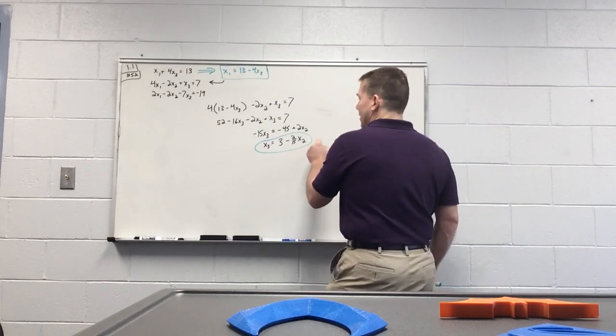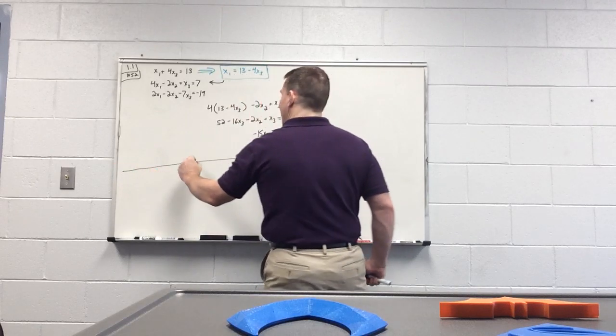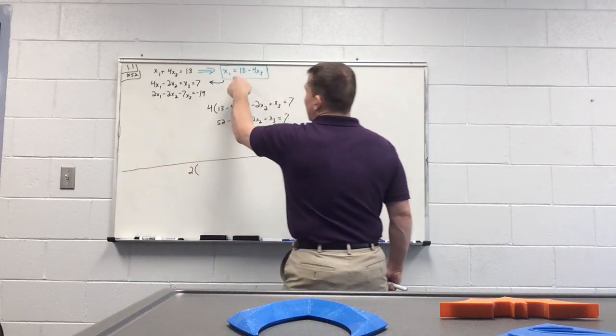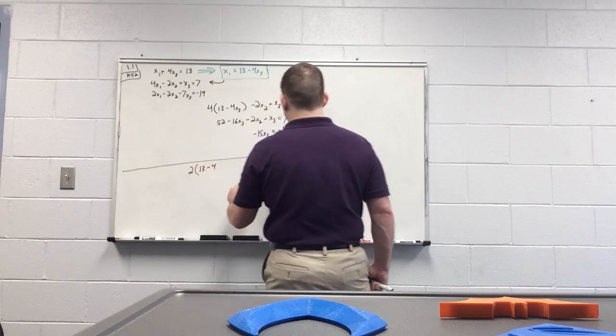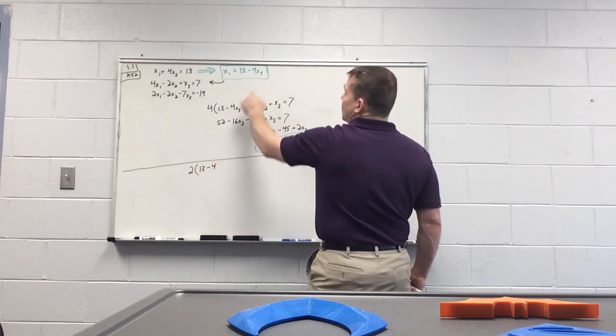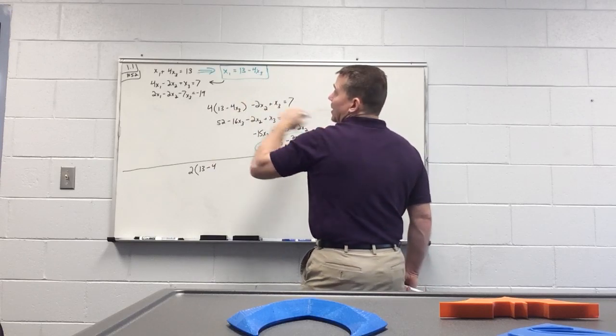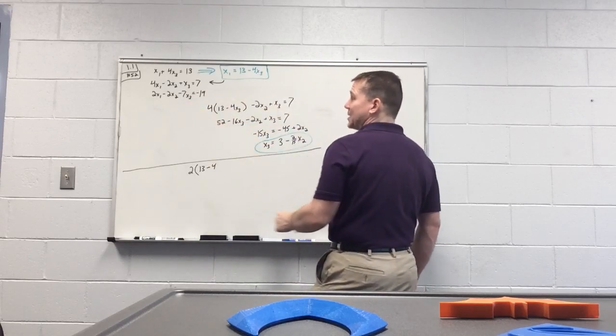And if we do that, we'll go right down here. I get 2 times x sub 1, which is 13 minus 4. And now again, I'm going to substitute x sub 3 in right here, because I want the whole bottom one to be in terms of x sub 2.